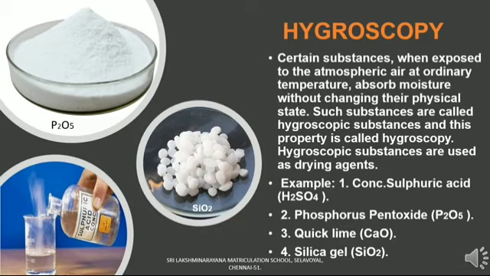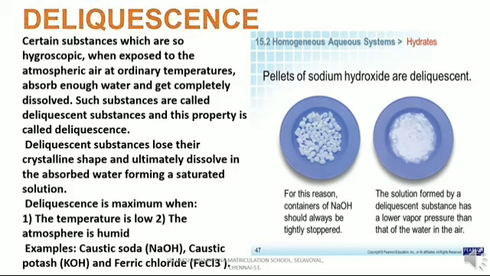That's all. Next, deliquescence. Deliquescence means ஈரம் உறிஞ்சி கரைதல். Certain substances which are so hygroscopic, when exposed to the atmospheric air at ordinary temperature, absorb enough water and get completely dissolved. Such substances are called deliquescent substances and this property is called deliquescence.